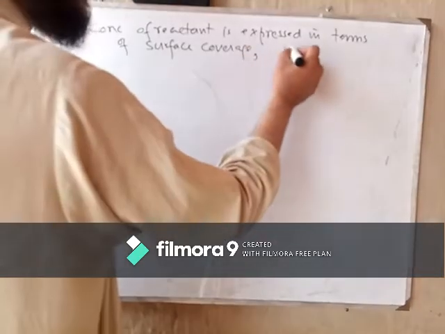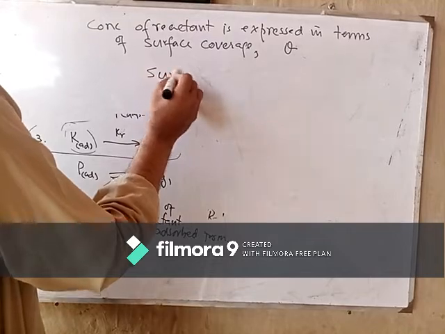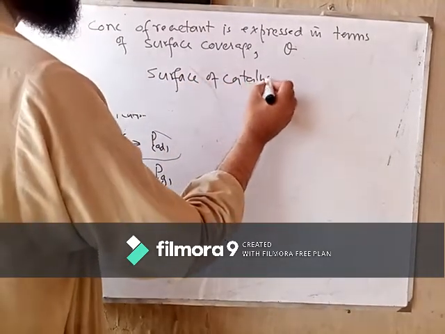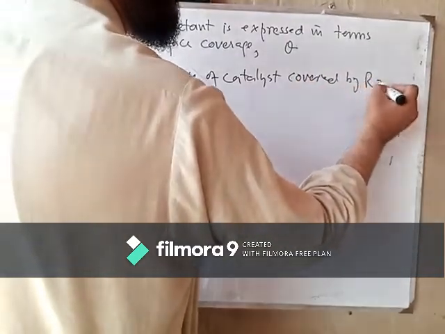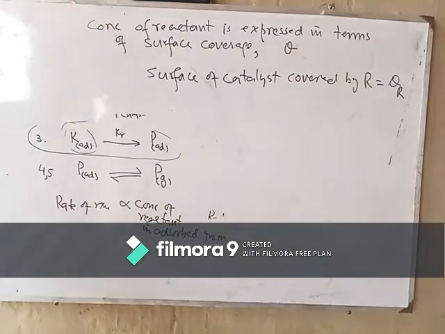Surface coverage is represented in 3 ways. Let's suppose the fraction of the surface of the catalyst covered by R is theta R. This is proportional to the concentration of the reactant.